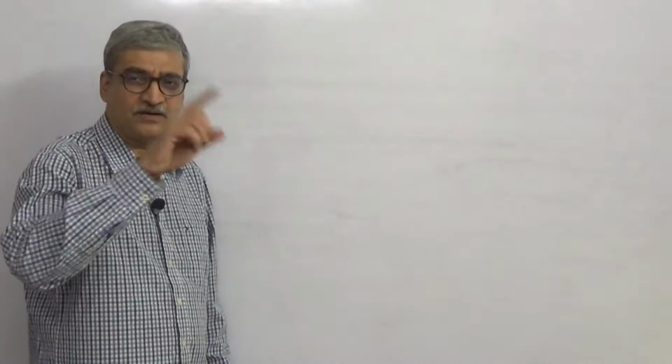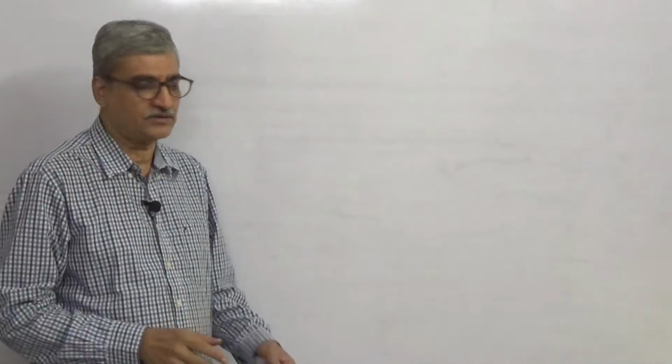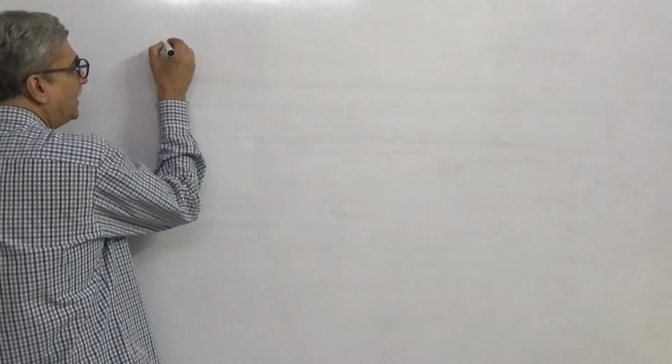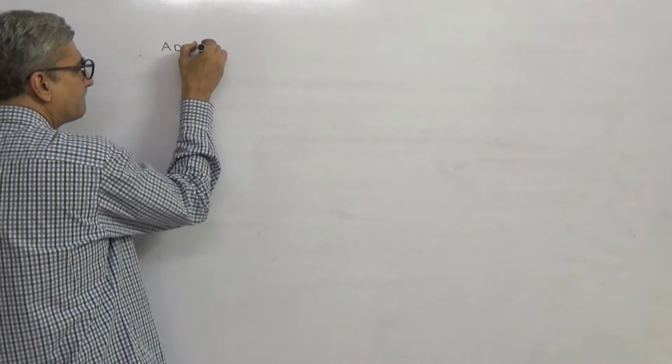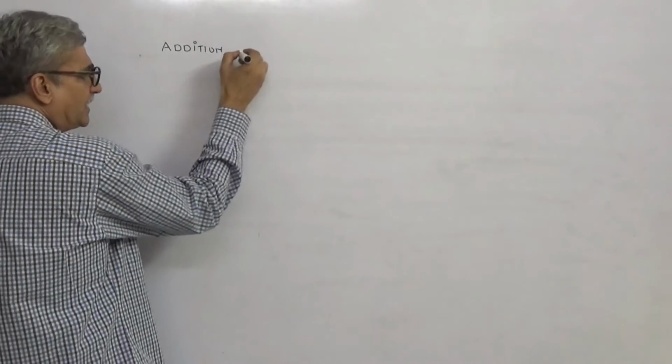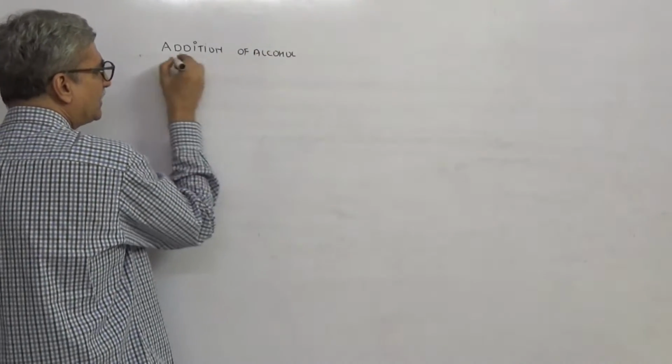Formaldehyde forms primary alcohol, any other aldehyde forms secondary alcohol, and ketone forms a tertiary alcohol. So now I am talking about addition of alcohol.